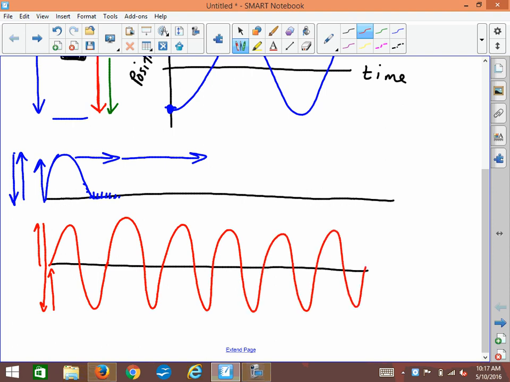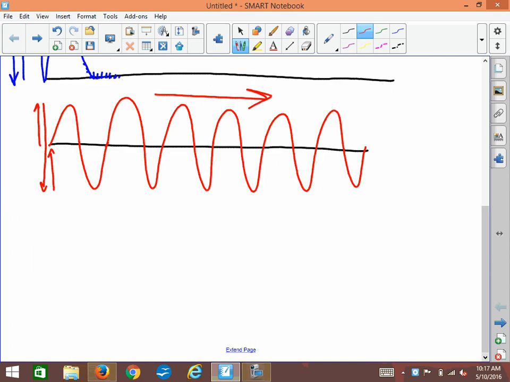If I did it once, I'd get one wiggle, but if I kept doing it over and over, like simple harmonic motion, just like the mass bouncing on the spring, then I would keep producing these bumps, and they would all be traveling down the string this way. And this is exactly the kind of wave that we want to talk about first. What's interesting about this kind of wave is that the direction that you are wiggling is different than the direction that the wave actually travels in.